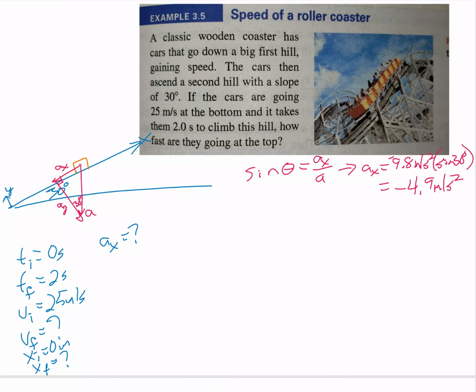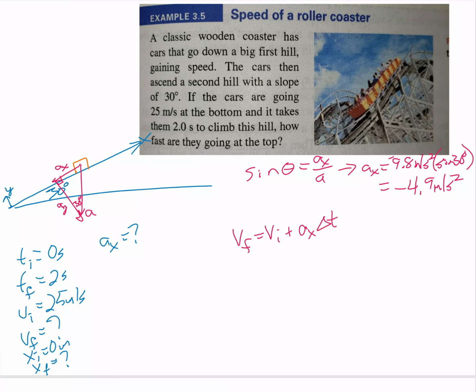What do we do now that we have a sub x? We need final velocity, right? We don't know the final x, so we don't have a delta x. We have delta t, so we solve for the change in velocity: Vf equals Vi plus a sub x delta t.